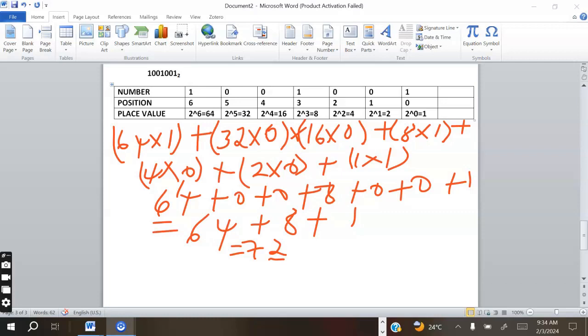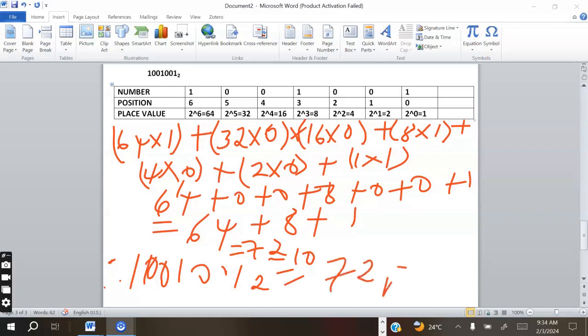It's supposed to give us 73 base 10. Therefore, the final answer is supposed to be 1001001 base 2, which is 73 base 10.